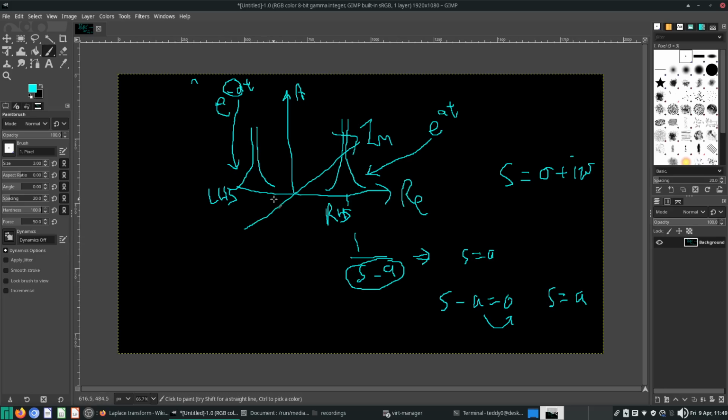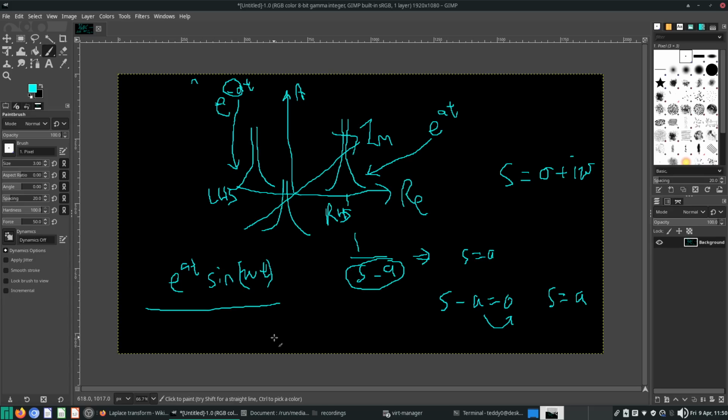If you have a pole somewhere not on the real axis or on the imaginary axis, but somewhere in between, then you have some form like e to the at times sine omega t, sine or cosine, whichever it is.